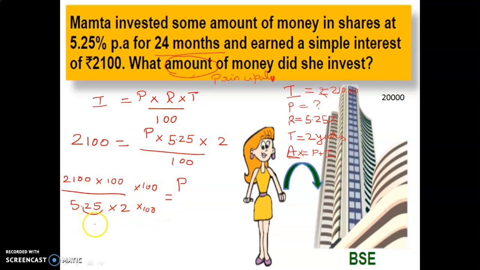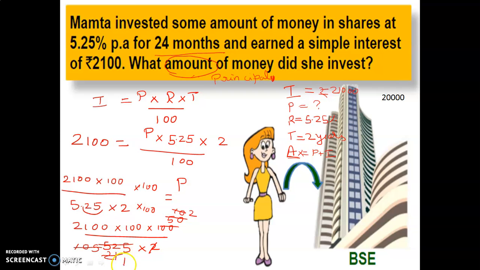Okay children, so I have 2100 into 100 into 100 divided by 525. I am not writing 5.25. 525 into 2. And if I cancel this, I will get 50 here. If I can cancel in 5 table, 10 5s are 50, 1 5 is 5, 0, 5 5s are 25. Again in 5 table, 2 5s are 10, 2 5s are 10, 1 5 is a 5.